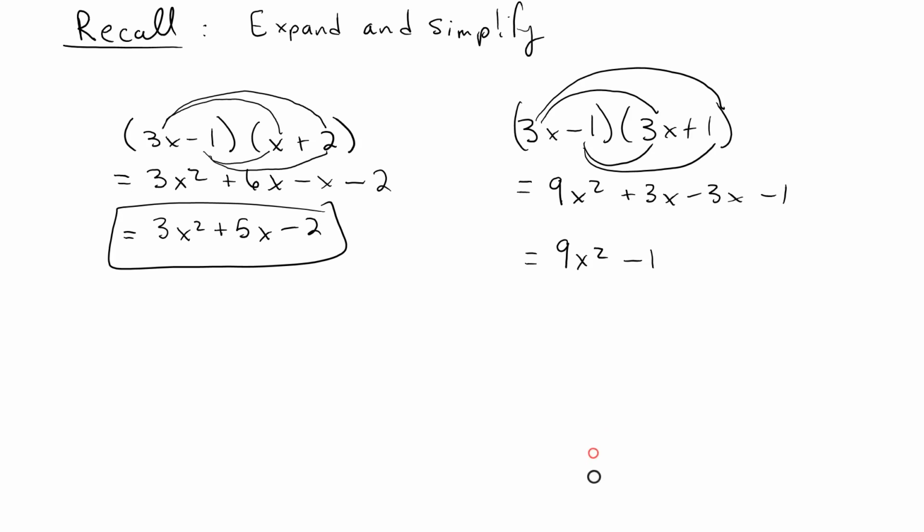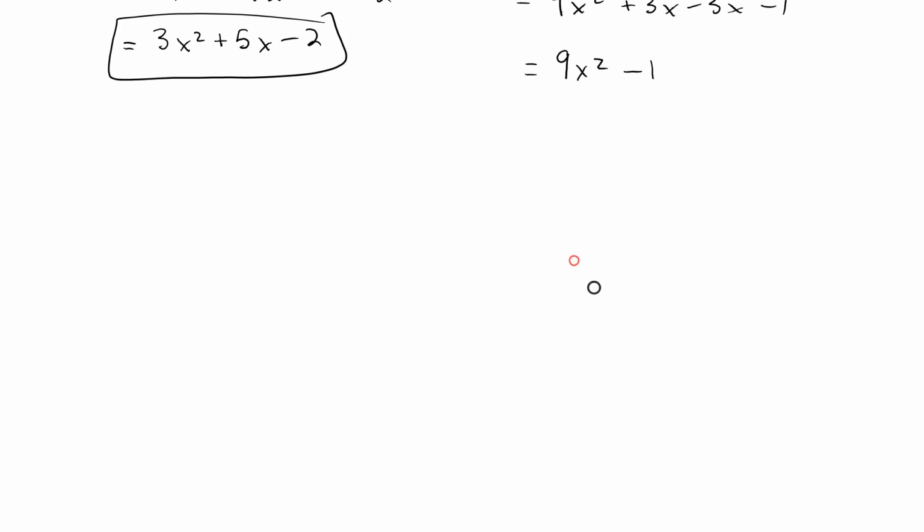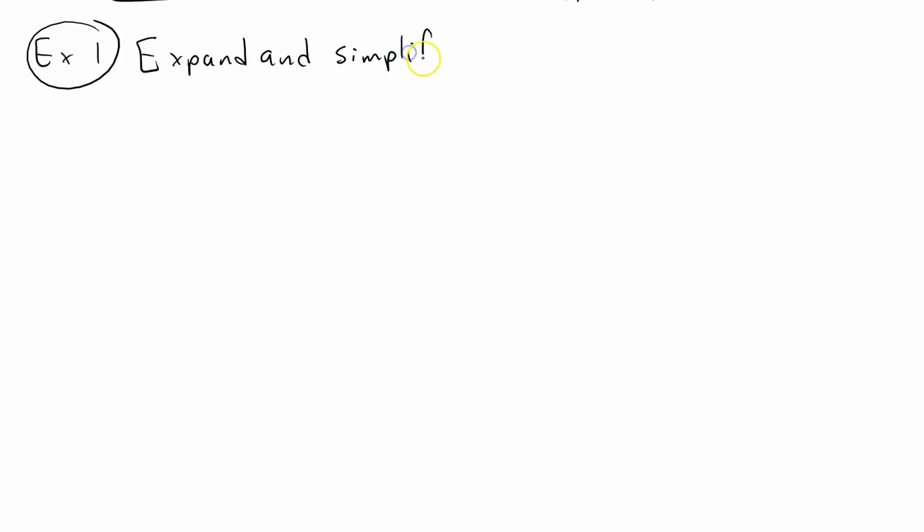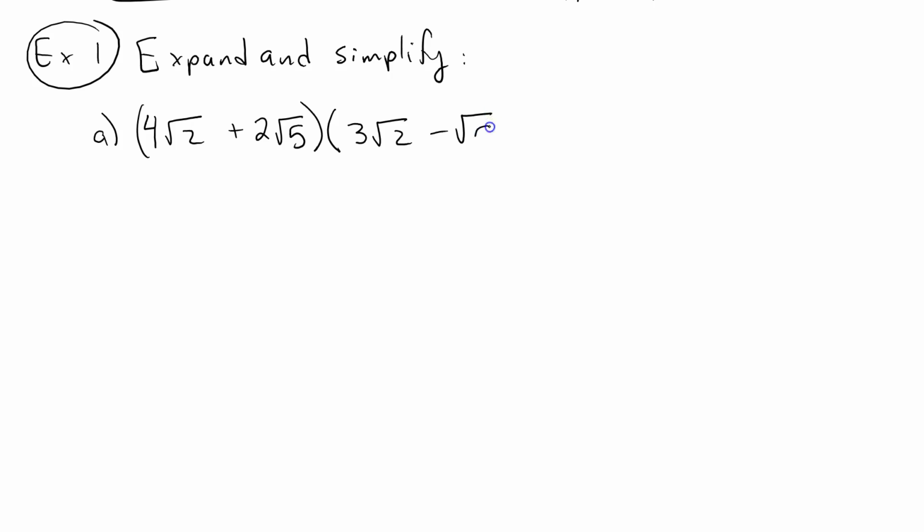So what I want us to do now is to apply what we already know to radicals. So example 1. Expand and simplify. So here's A. We have 4 root 2 plus 2 root 5 times 3 root 2 minus root 5.